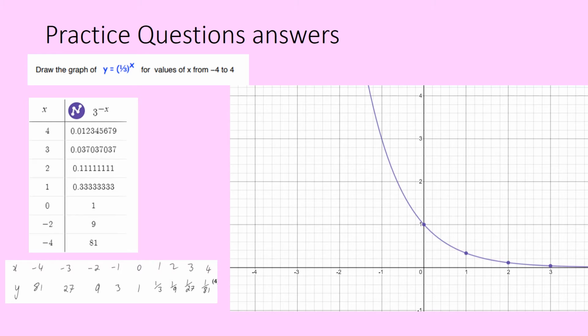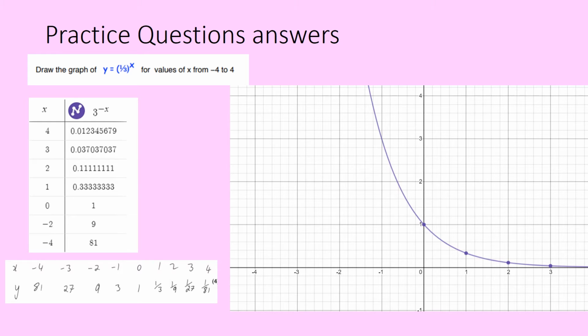So we need to plot the values of the graph when we substitute in our values to 3 to the minus x. If we need to do everything from minus 4 to 4, it would be good to have chosen minus 4, minus 3, minus 2, minus 1, 0, 1, 2, 3, and 4.